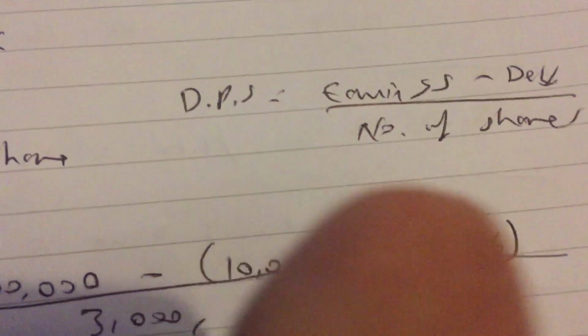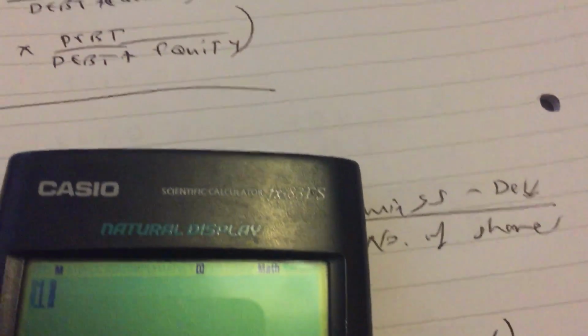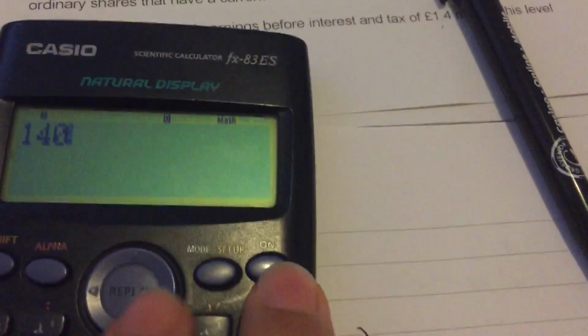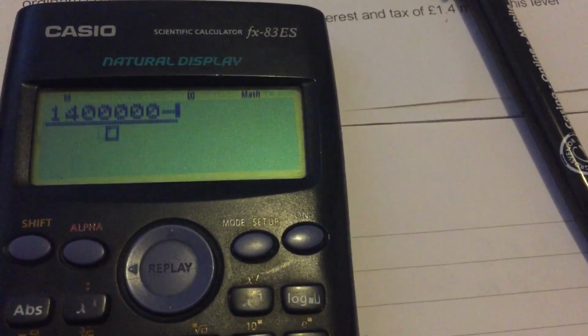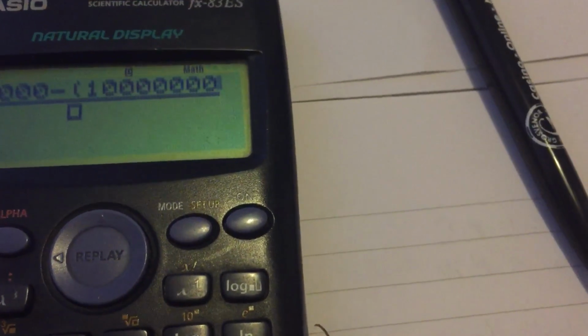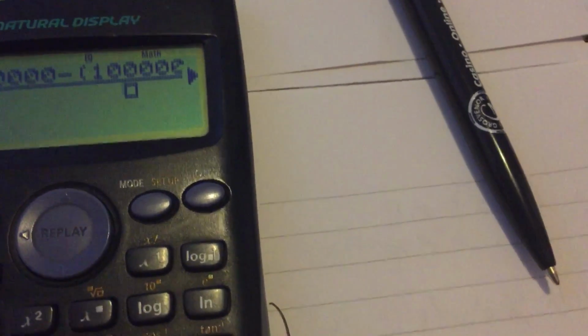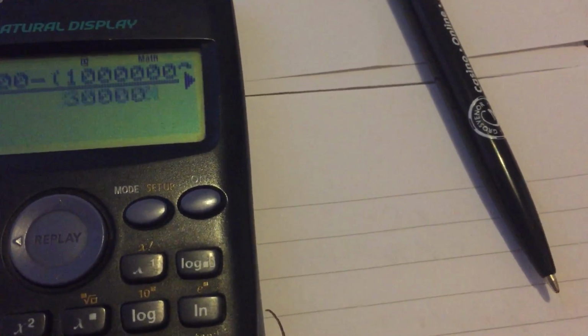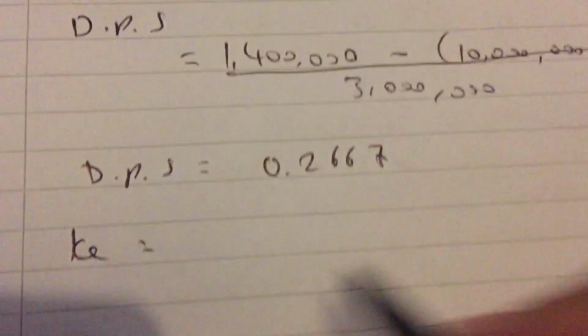In the calculator: 1,400,000 minus 10 million times 0.06, all divided by 3 million shares, equals 0.2667. So dividends per share equals 0.2667.